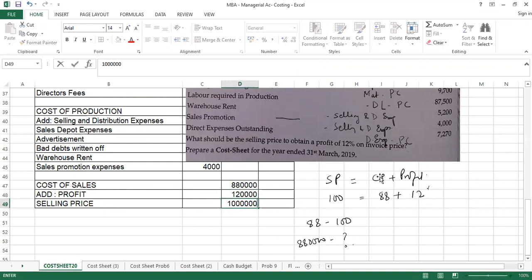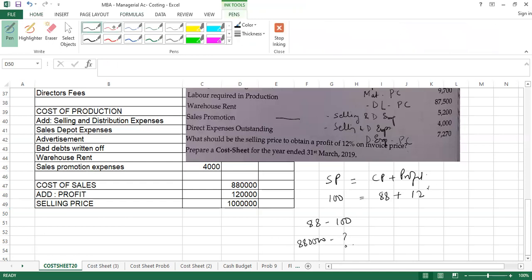I repeat once again. They have said you have to earn 12% profit on your selling price. If we assume a selling price of 100, your profit is 12, and cost price is 88.